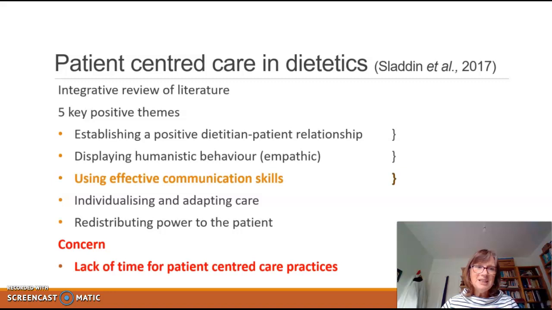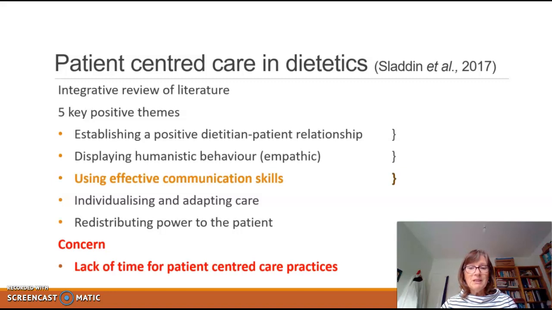And an integrative review is including both quantitative and qualitative data and research, and it's pulling it all together and doing an analysis of it and saying, well, what are the key themes coming out of that? And what we found was, what the authors found was that there were 5 positive themes.